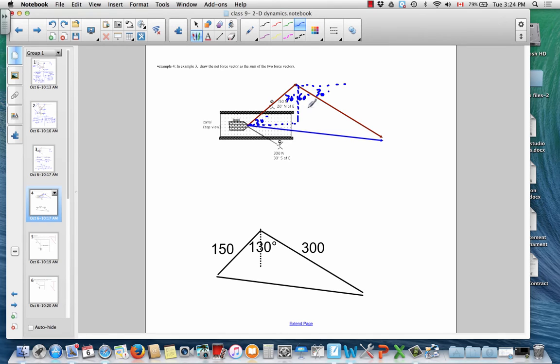So in the triangle, you have 70 and 60, which is 130 degrees. And this was 150 newtons, and this was 300. So you could just use the cosine law: c squared is a squared plus b squared minus 2ab cosine C, and you would find this side, and it would be exactly the 413 newtons we found earlier.